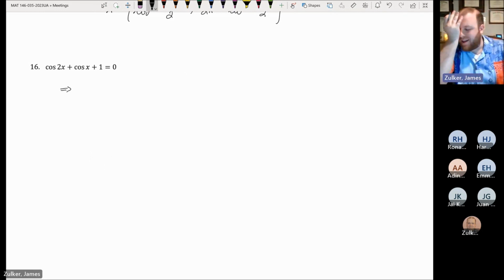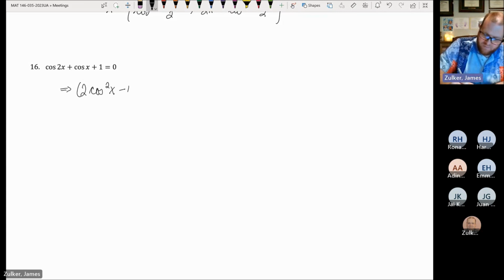We're going to use the double angle identity on cosine. But remember, we have 3 of them, right? We have cosine squared minus sine squared. We have 2 cosine squared minus 1, and then we have 1 minus 2 sine squared. Since we have this cosine here, we'll use 2 cosine squared minus 1.